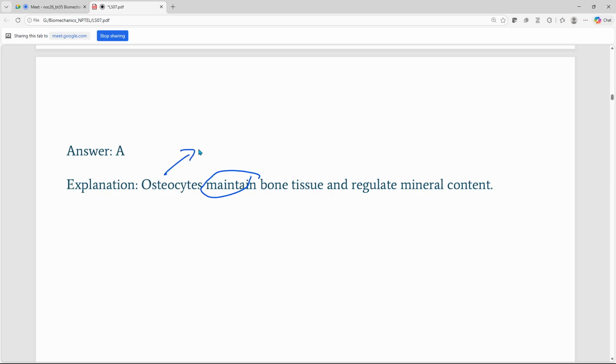So, like we have osteoblasts, which are formers, osteocytes are called maintainers. Osteocytes are mature bone tissue cells which have trapped osteoblasts, which can sense mechanical stress.